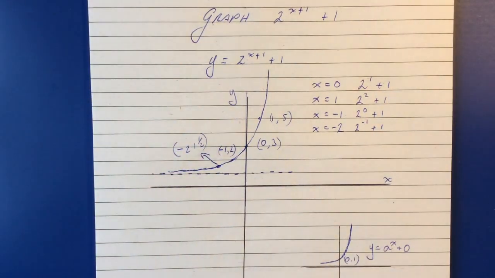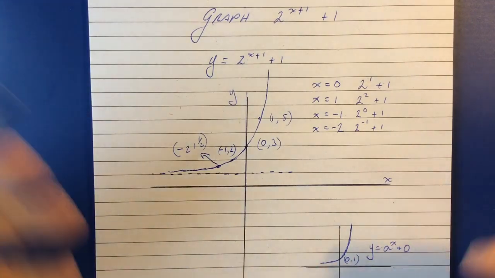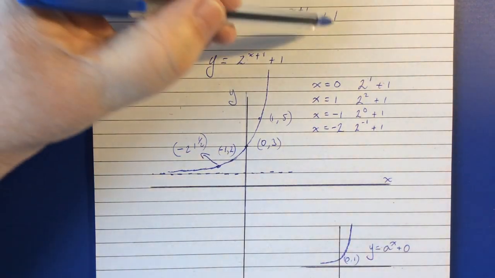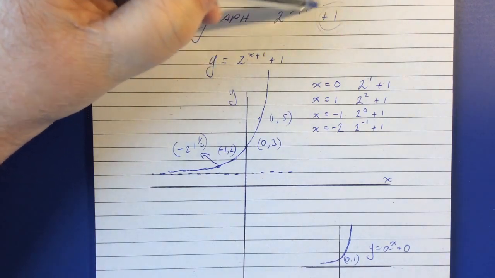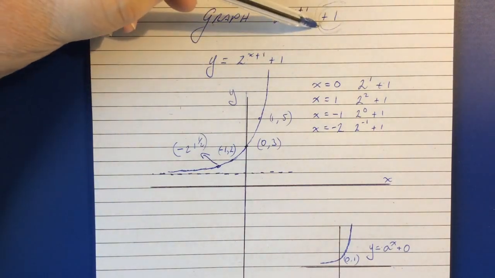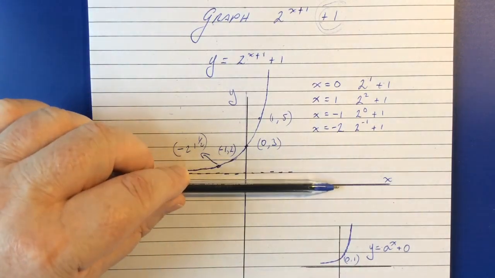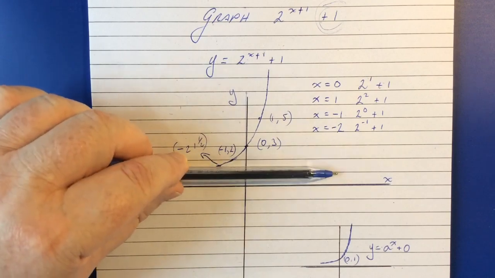And fundamentally, that's how you can go about drawing one of these things. Now that's a tiny bit laborious, so there are some rules that you can extract from this. The first and most important in the case of this function is this thing. That's going to move the graph up 1, which means that the asymptote moves from the x-axis to y equals 1.